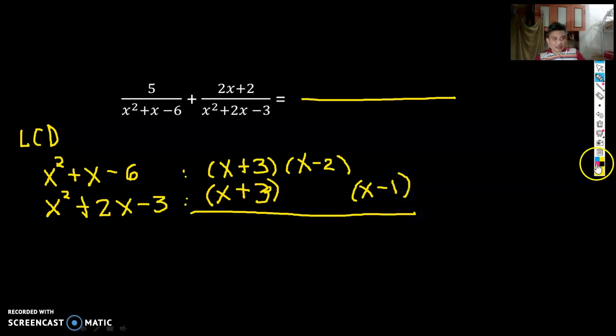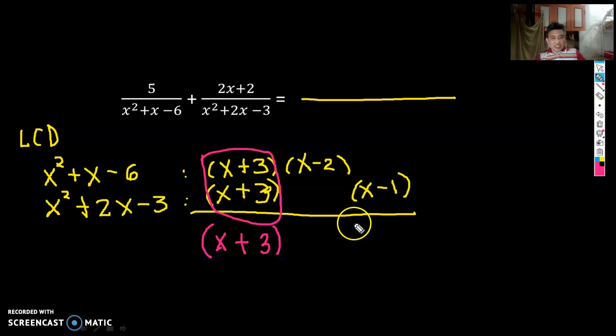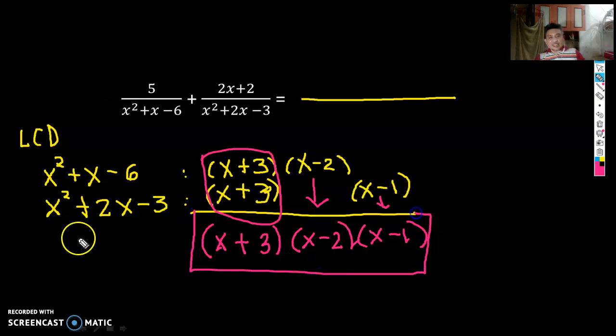As before, we take the common factor once. Therefore, the LCD is x plus 3, x minus 2, and x minus 1.